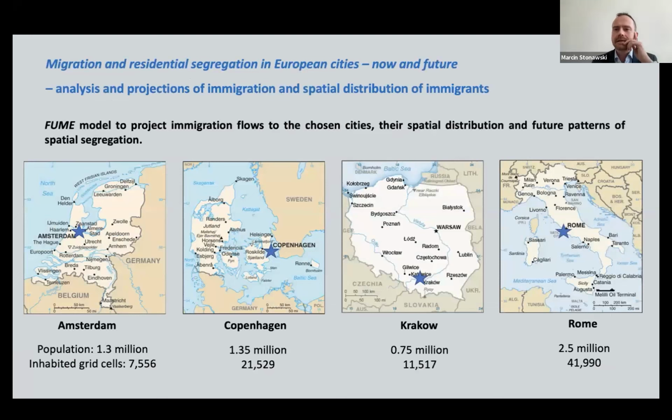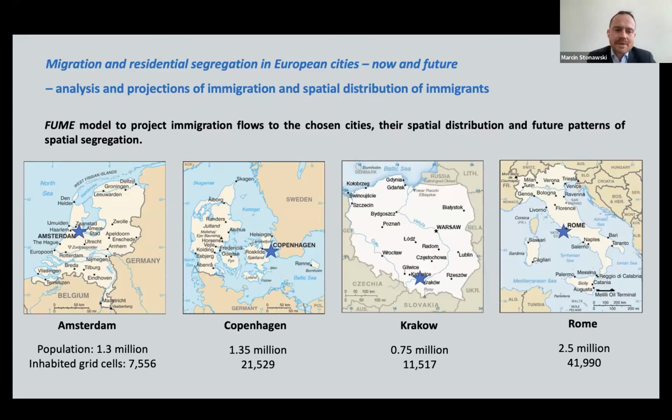As I said, we focus on these four cities, and you heard about the projections on different levels in the project. You can see that we have a big variation between the places, not only in the size of population, but even if we have two cities with more or less the same population size, there is different density and size of the cities as well.